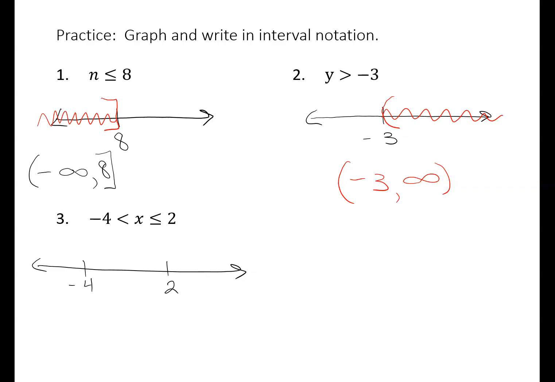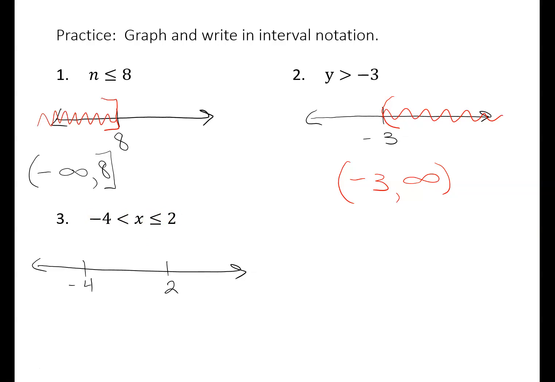And then our third example. Remember, to read a compound inequality, you want to read from the x. So if we read from x, and then we read this open part of the symbol, that means greater than. So x is greater than negative 4, and x is less than or equal to 2.